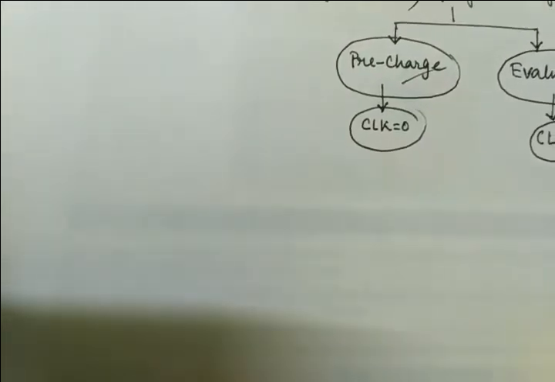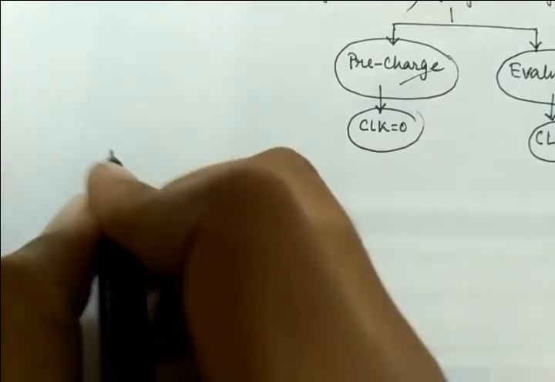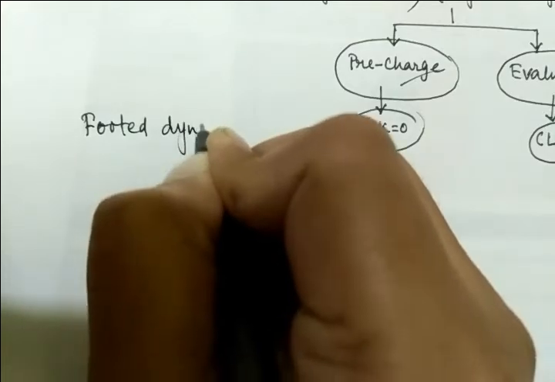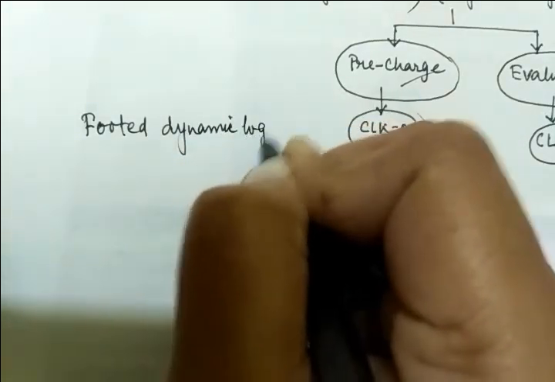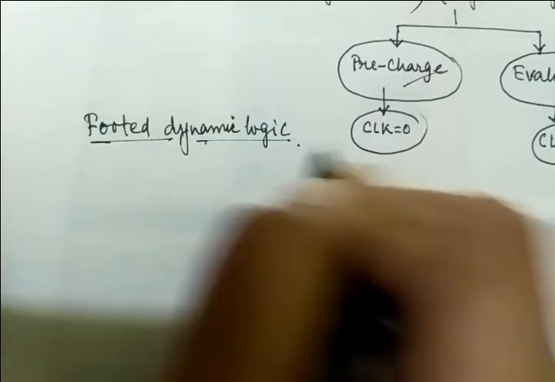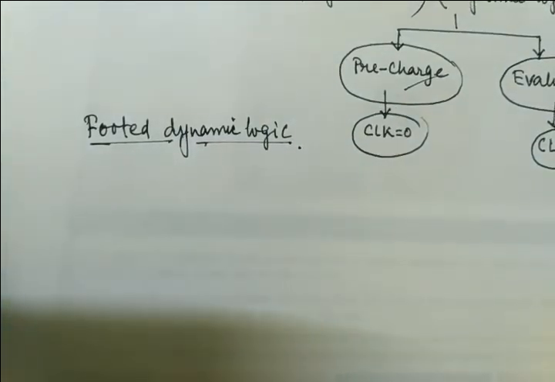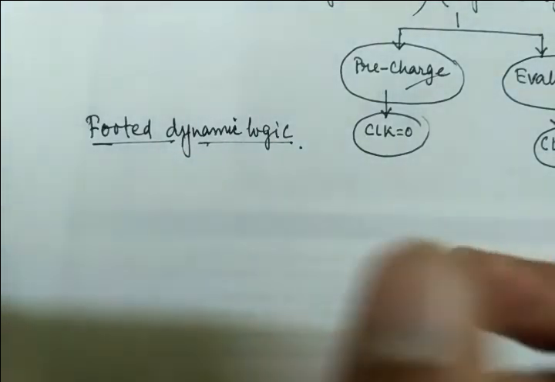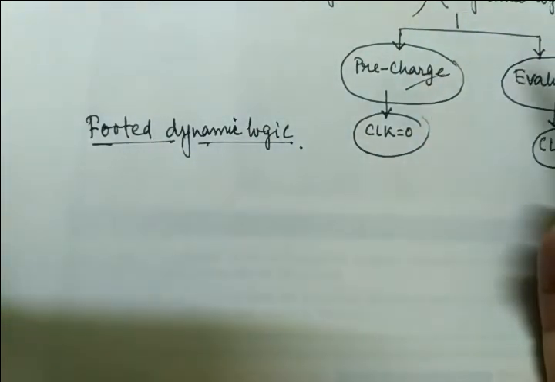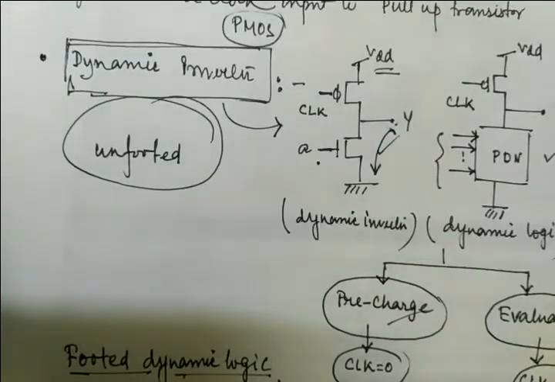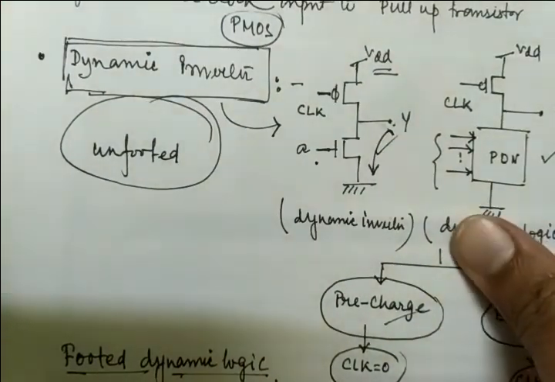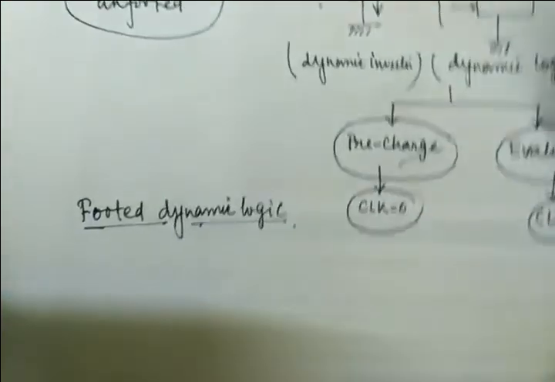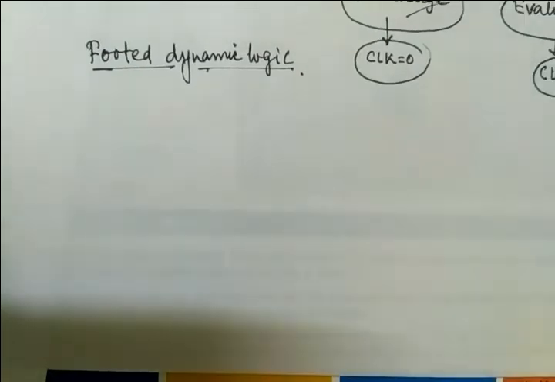Now, coming to footed dynamic logic, I will draw the two portions as I drew in the preceding section. Here I will draw the general diagram of the footed dynamic logic and also the footed dynamic inverter.